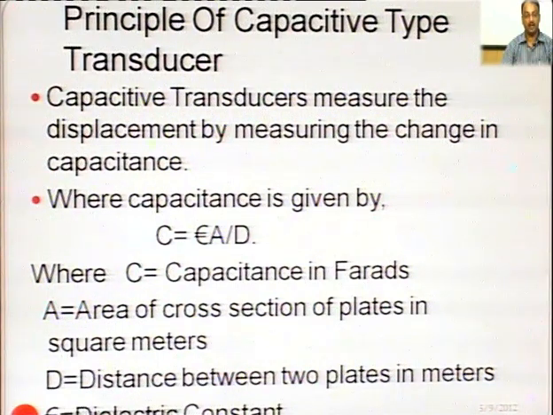So, there are three parameters on which the value of capacitance C depends: epsilon, the dielectric constant of the material, A, the cross sectional area of the plates in meter square, and D, the distance between the two plates in meters.